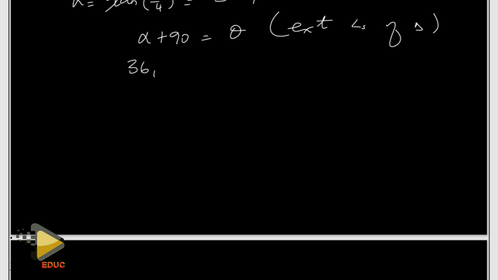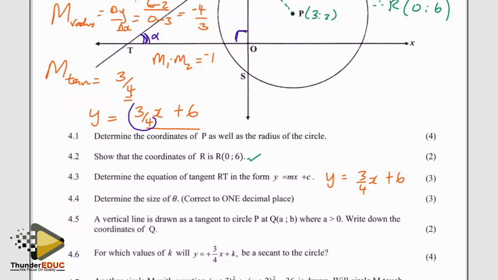Now I just need alpha plus the 90, which gives us theta, because that is an exterior angle of a triangle. So it's 36,87 plus 90, and that gives us 126,87 degrees. All right, so that is answered.